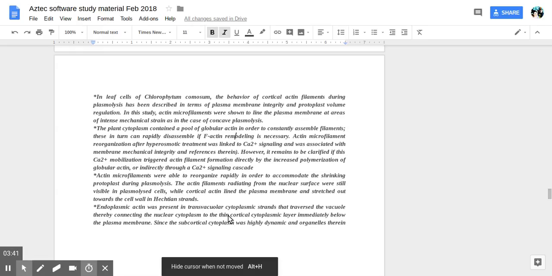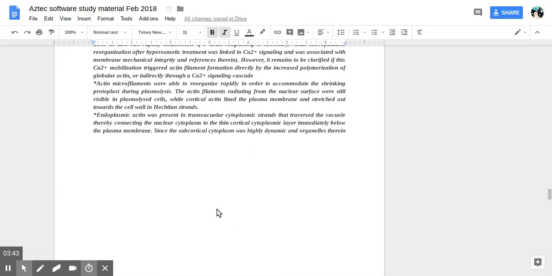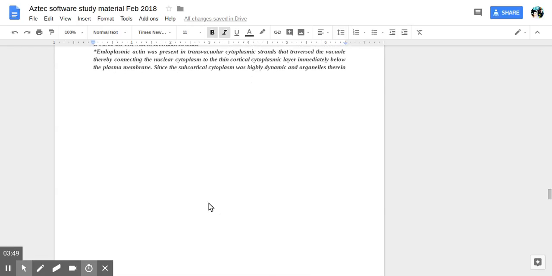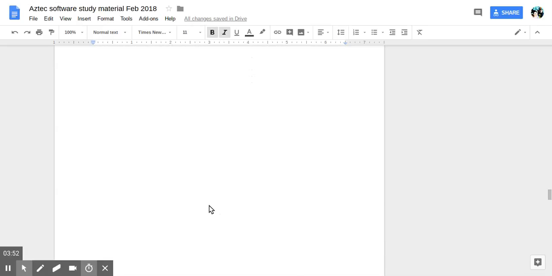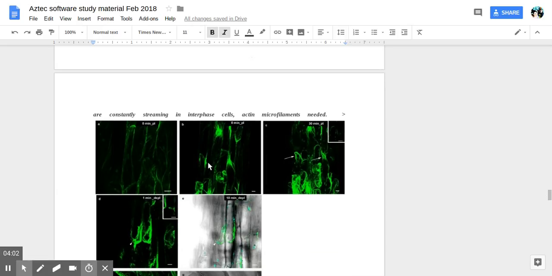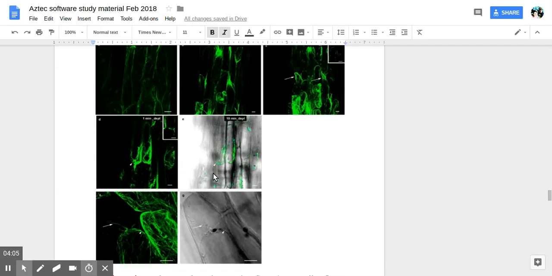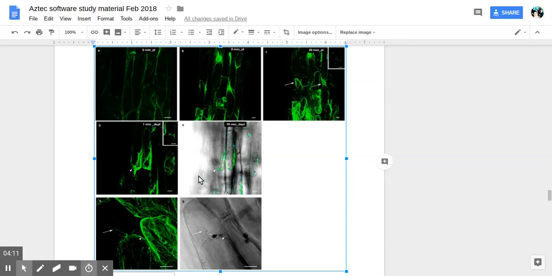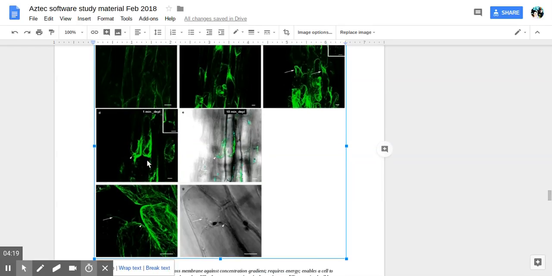The subcortical cytoplasm was highly dynamic and organelles therein are constantly streaming in interface cells. Actin microfilaments help with the movement of the cytoplasm and the organelles. And this diagram shows that these actin filaments are glowing green in these cells.